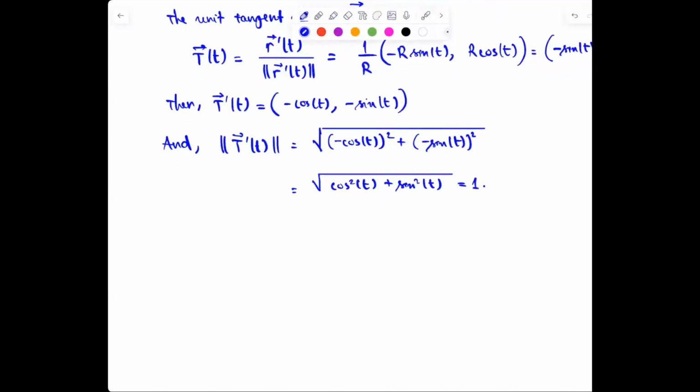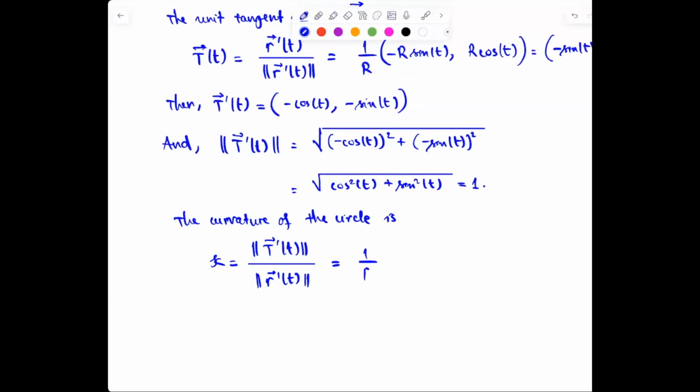So the curvature of the circle is kappa equal to the magnitude of the derivative of the unit tangent vector divided by the magnitude of the tangent vector. This is equal to 1 over capital R. So this shows that a circle with a smaller radius will have a large curvature and vice versa.